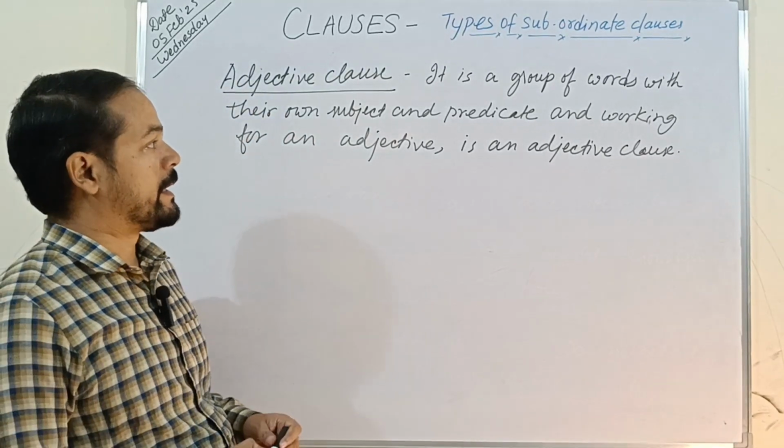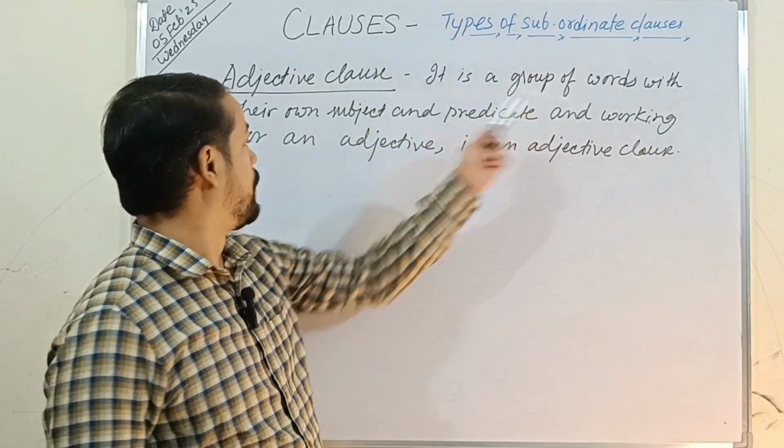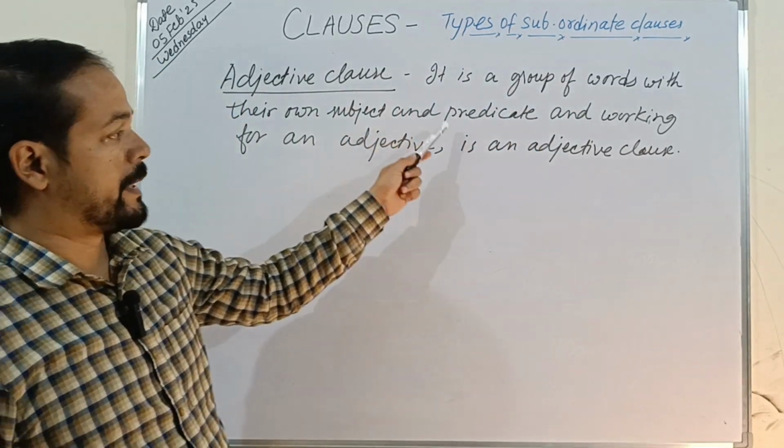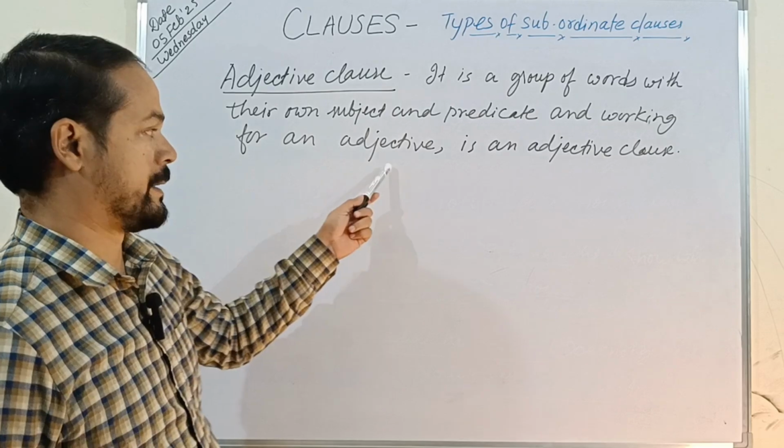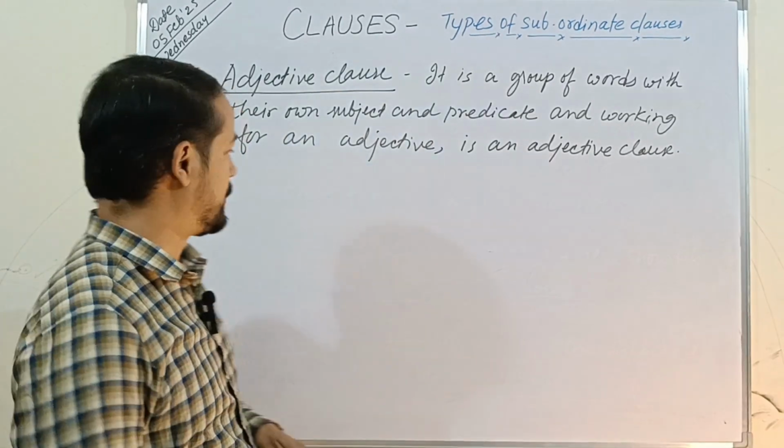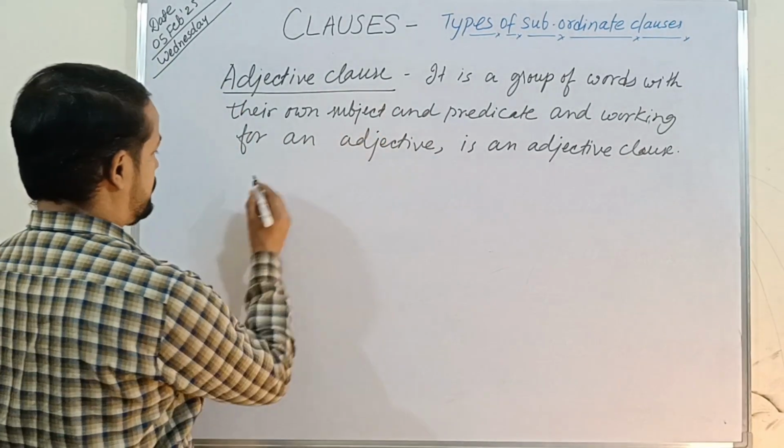So let us just understand that a group of words with their own subject and predicate and working for an adjective is an adjective clause. So I show you some examples here.